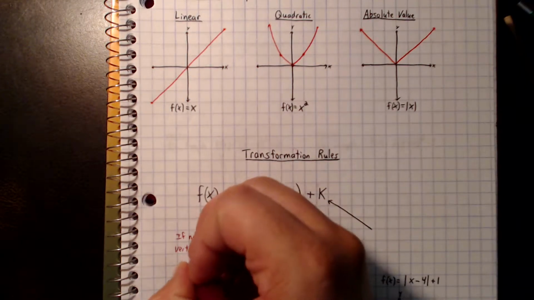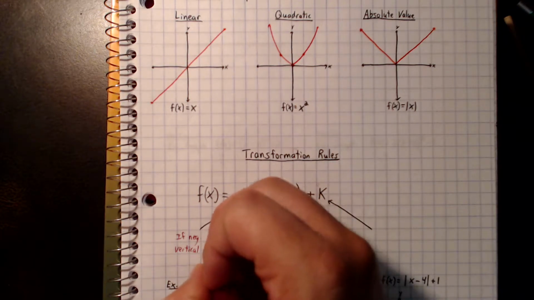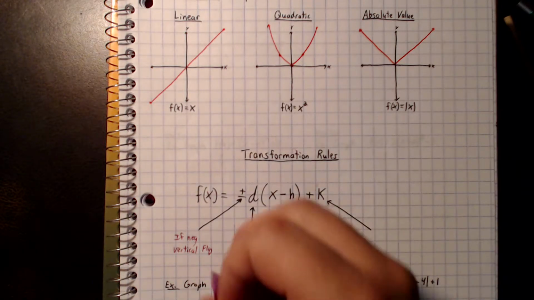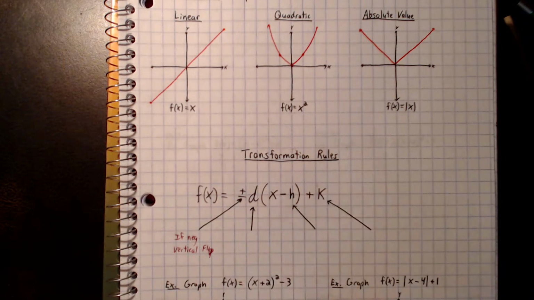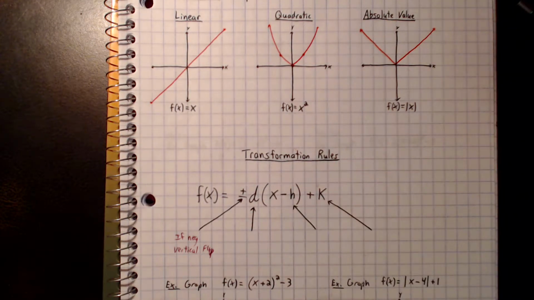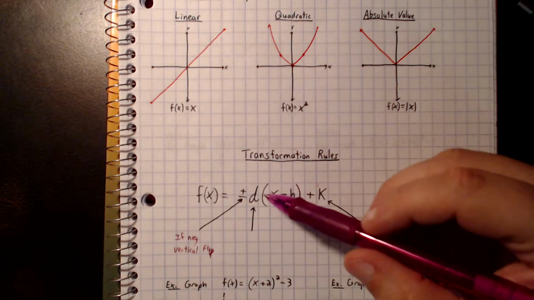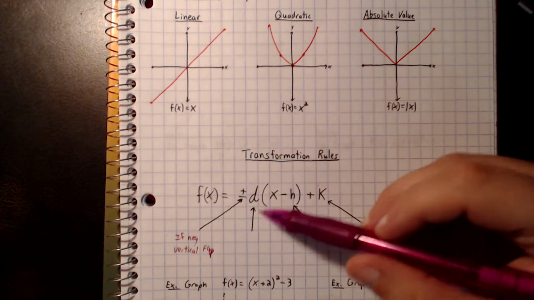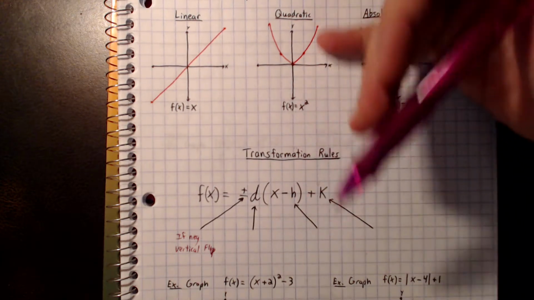It doesn't matter if we're working with linear, quadratic, absolute, any of them, cubics, right? They're always going to do that flip. If we have a scalar multiplier on the outside, so if we have a number multiplying on the outside, that is going to affect your height, making these things taller.